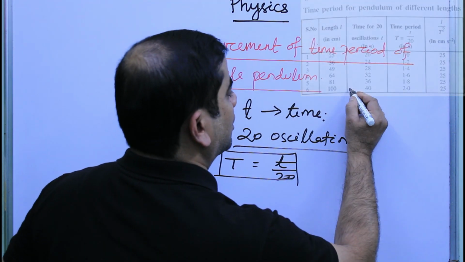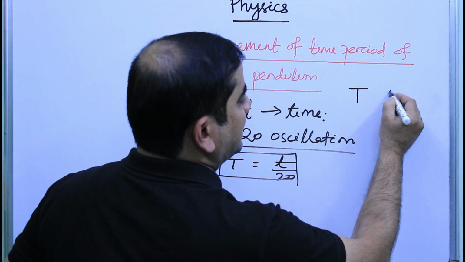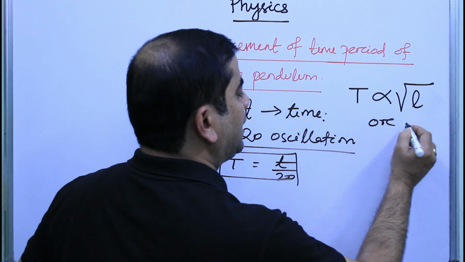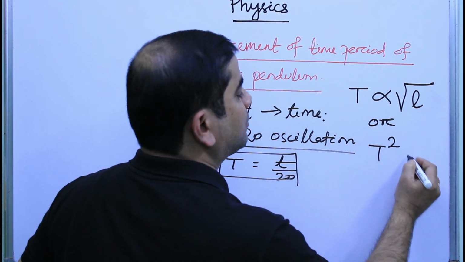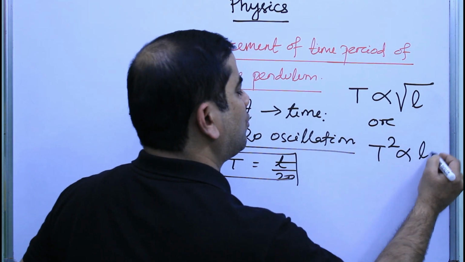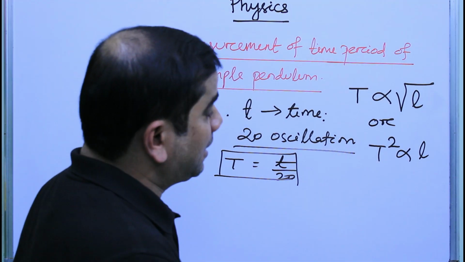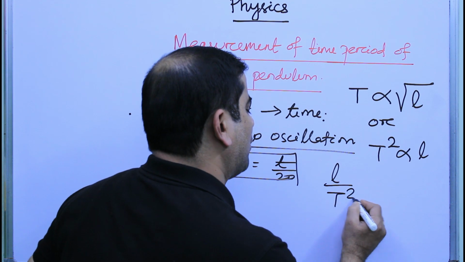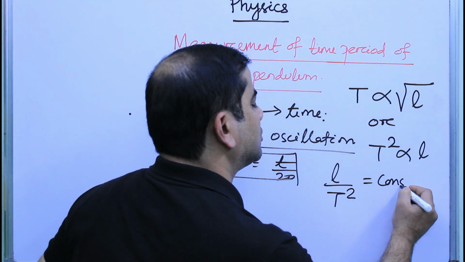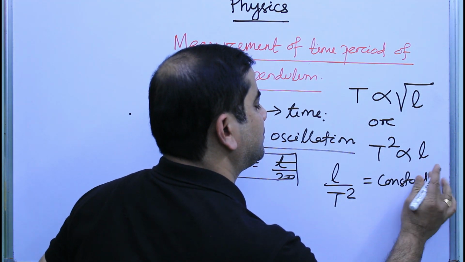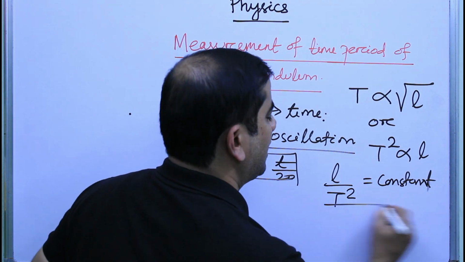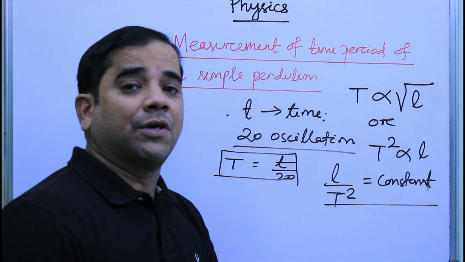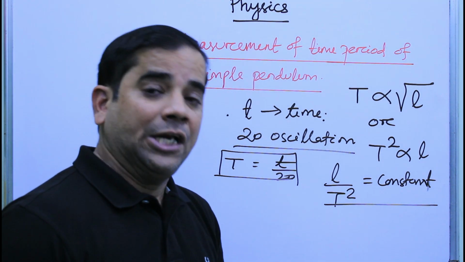From this we can come to the conclusion that time period is directly proportional to the square root of length, or we can write that time square is directly proportional to length. Okay, and from this we can also conclude that L by T square is always a constant. Okay, and by using this relationship we can choose different types of pendulum as per our requirement.